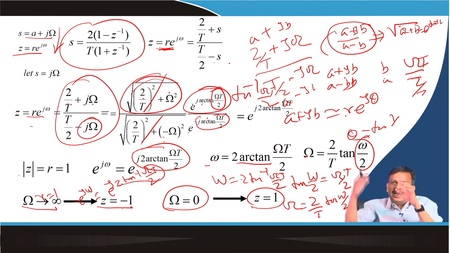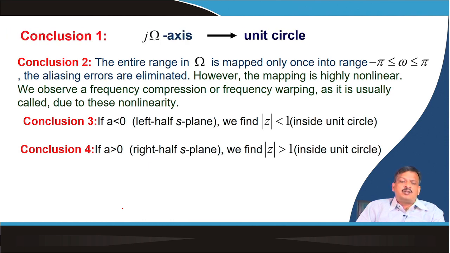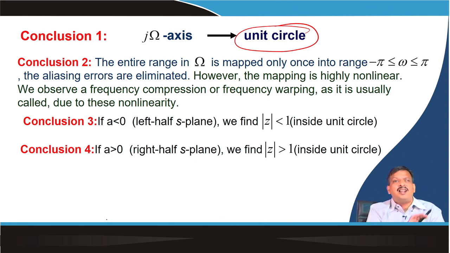Infinite frequency can also map within that unit circle. So the problem of the impulse invariance method is gone away. So this is the conclusion. So j omega exists within that unit circle. I have proved that the entire range of omega is mapped into minus omega to plus omega. So there is no error, so there is no aliasing.